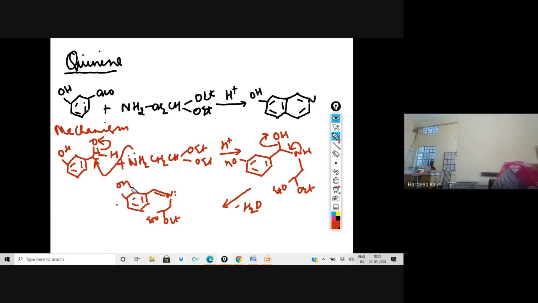And in the next step, we will hydrolyze it, hydrolysis. So when we do the hydrolysis, what will happen? This water molecule, so O ethyl goes and your water attacks over here.